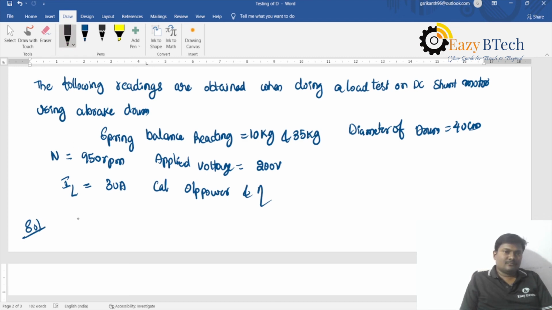Calculate the output power and efficiency. What is the solution for this one?